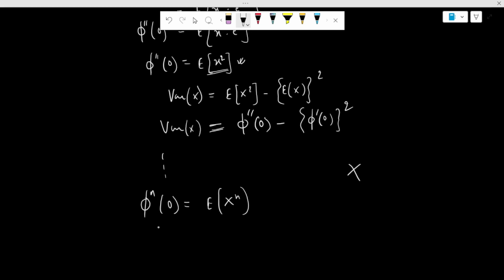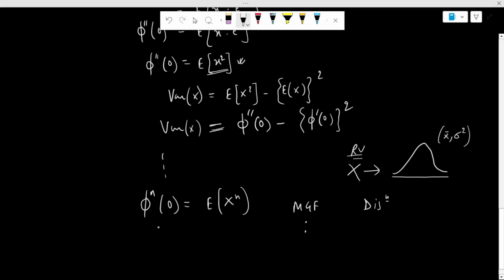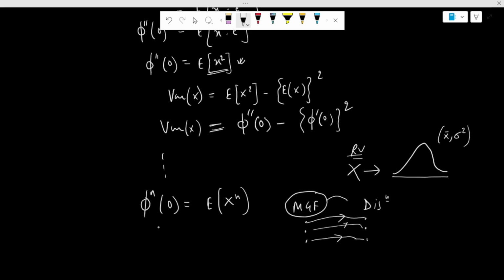Let us say random variable x has a certain distribution, say a normal distribution for simplicity, and this normal distribution we can define in terms of its parameters: the first moment, mean or average, and the second moment, the variance. The moment generating function seems to have a one-to-one correspondence with the distribution of random variables. So we can say that the moment generating function uniquely determines the distribution of the random variable.